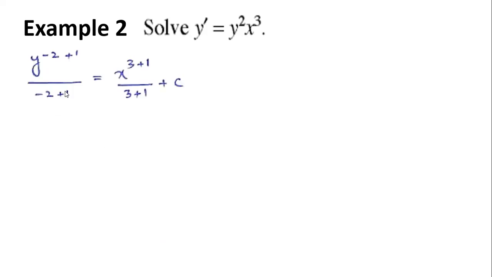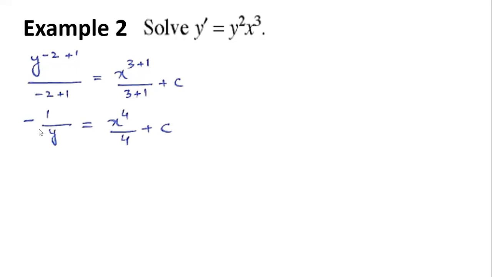We will apply the same power rule. So we will take 1 over y squared upwards. So here we have y to the power minus 2 plus 1 divided by minus 2 plus 1, that is equal to x to the power 3 plus 1 over 3 plus 1. And here I will put the constant of integration c.